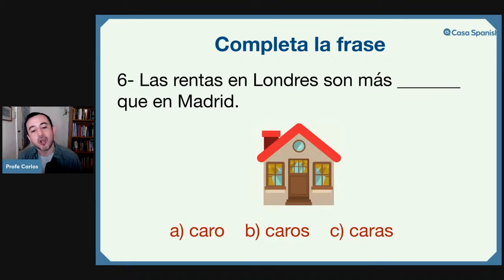Number 6. Completa la frase. Las rentas en Londres son más que en Madrid. Las rentas en Londres son más caro que en Madrid. Las rentas en Londres son más caros que en Madrid. Las rentas en Londres son más caras que en Madrid.